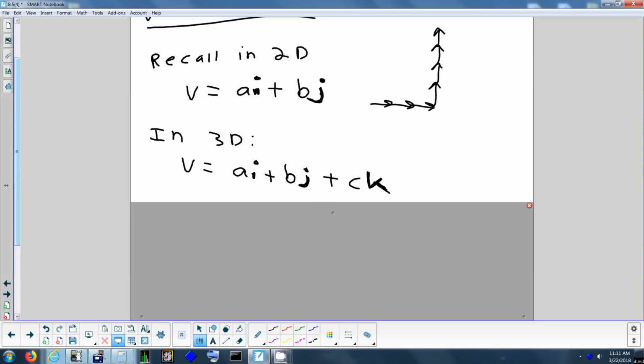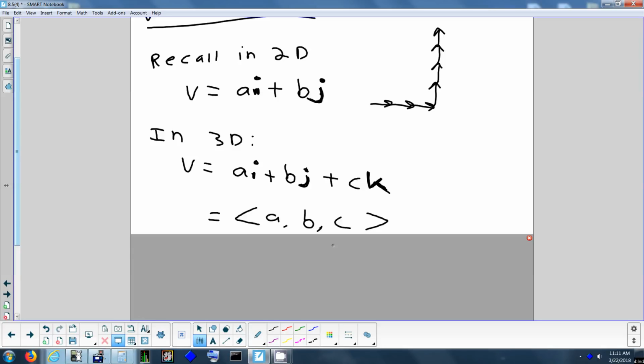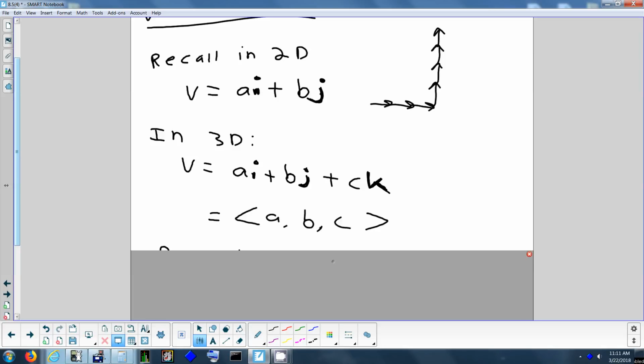Now if you were to write this in the other notation we have, you could also do it that way. You use the angle brackets. Inside the angle brackets before, we only had 2 numbers. The first number was representing the x-axis movement. The second number represented y-axis. Well, now our third number represents the z-axis.